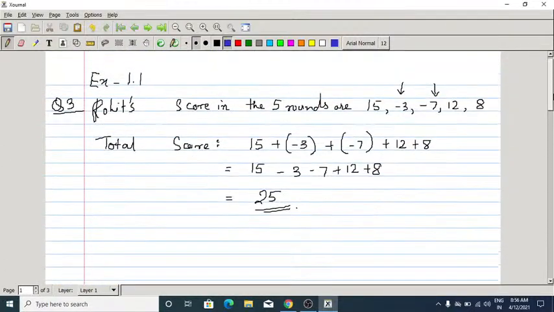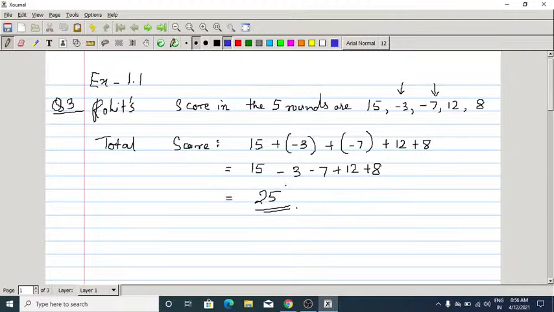Now this we will do in this order, the way we did it for Rohit. Just write team A's score in 3 rounds: minus 30, 20, 0. So the total score of team A, you add all of them and you will get an answer.